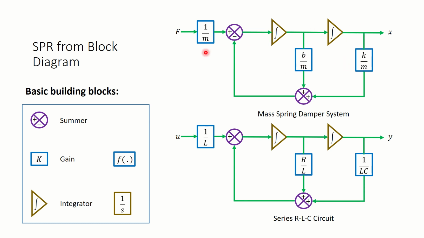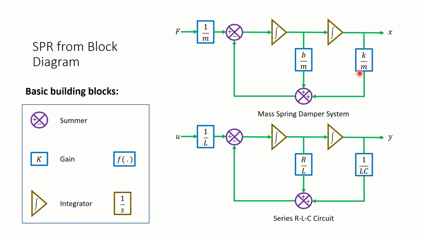This b, m, k, all these things can be anything. These are just some constant gains. So this doesn't have any meaning anymore. When you have taken this out from the system, now they are simply numbers. So m may not mean mass, b may not mean the damping coefficient, k may not mean the spring constant. They can be anything.